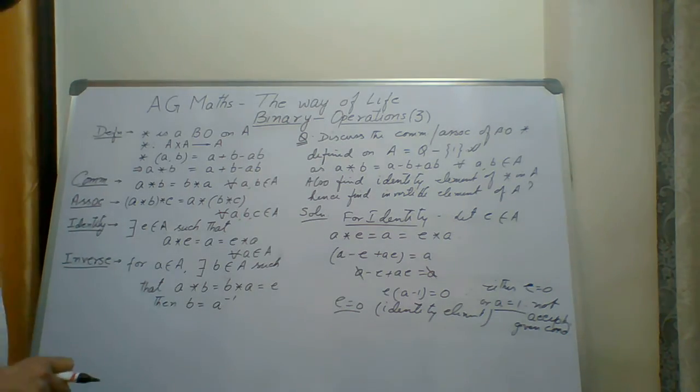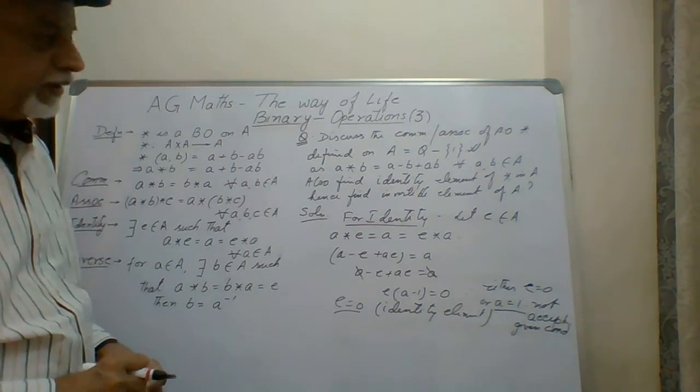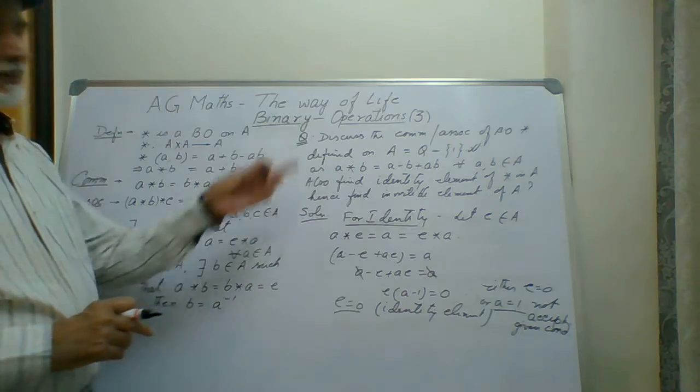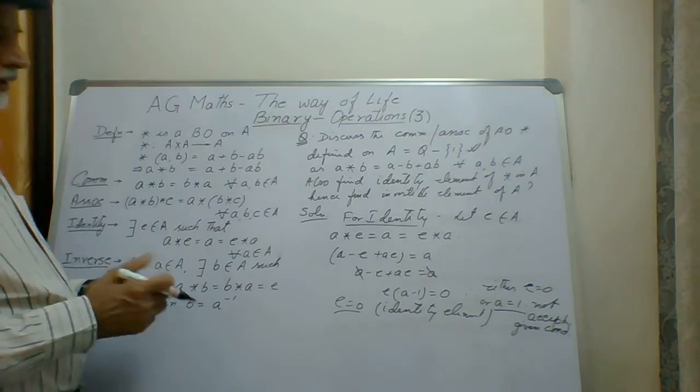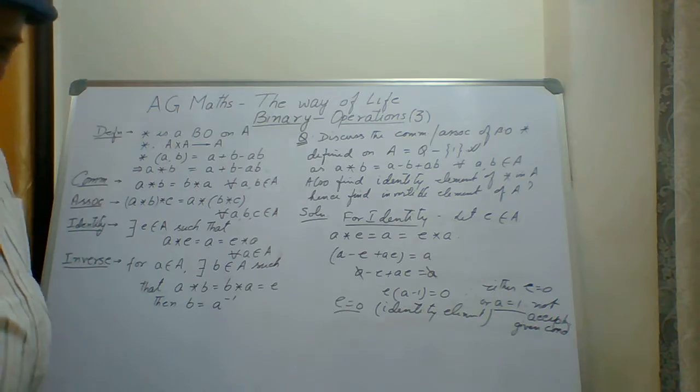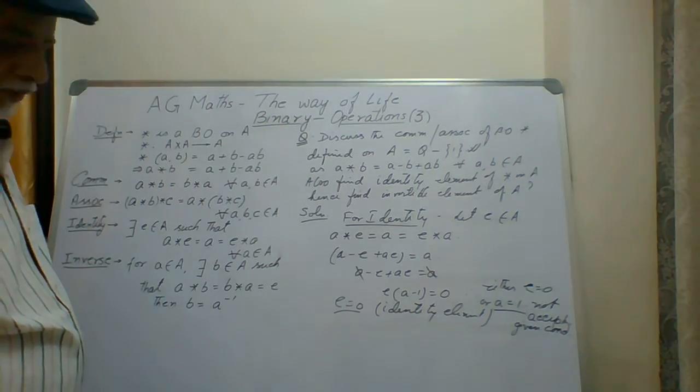So you understood that always 1 may not be the identity element, it can be anything depending on the set. Set A was without 1, so we have to find out what is the identity element, and we got it as 0.